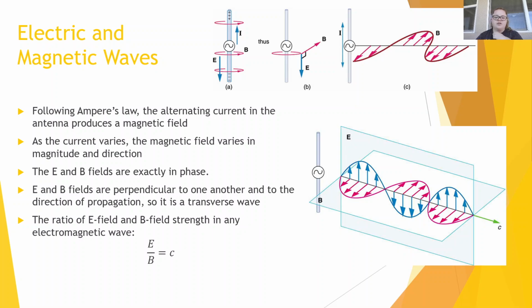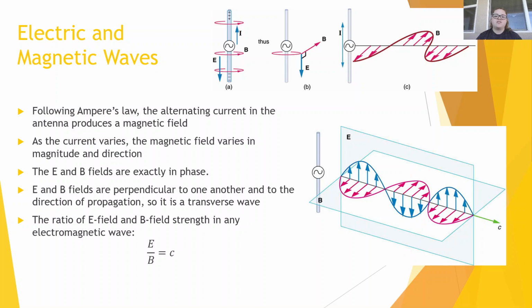and to the direction of propagation, meaning we are moving along this axis here. Say that's the x-axis. Our B and E fields are both perpendicular to that axis, okay? So let's see, I know I skipped a thing here. Oh, they're in phase.